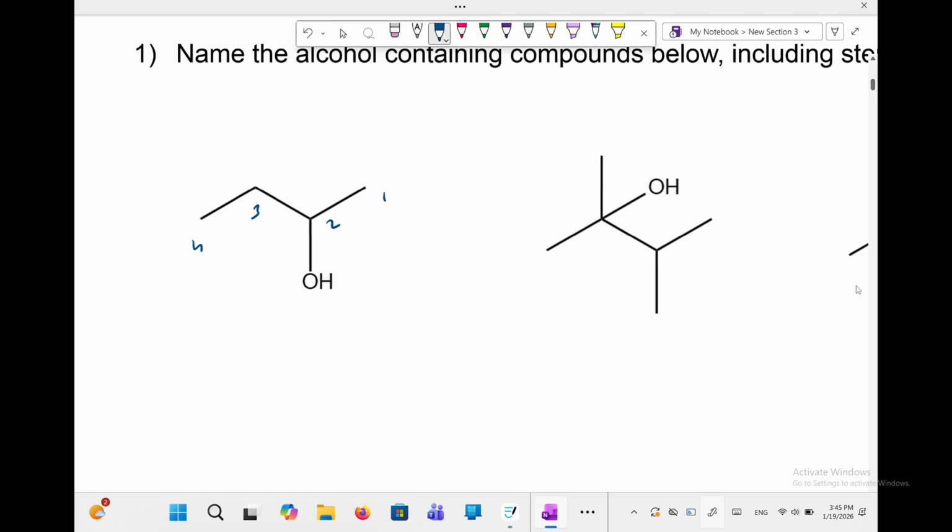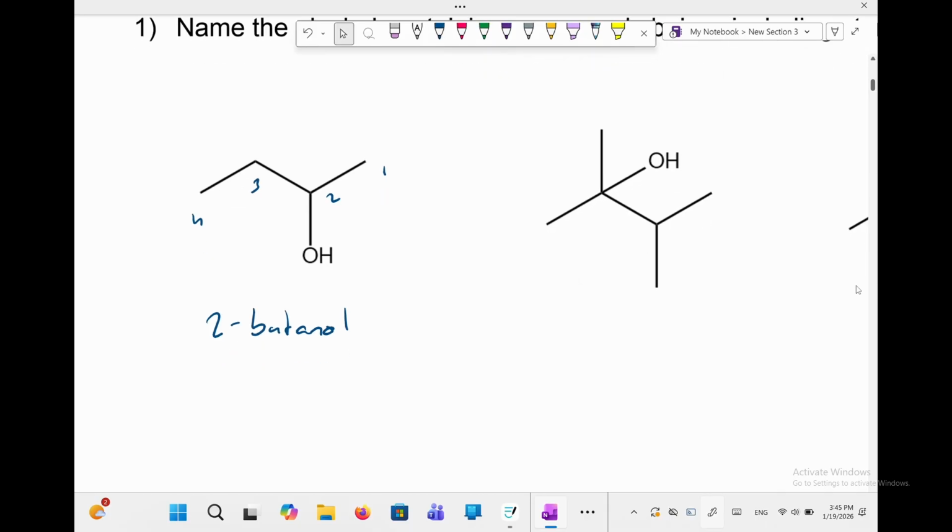Just like with a substituted alkyl halide, you would number it so that the alcohol is on the lowest number. So this is going to be 2-butanol. Sometimes, or more often, you might see butan-2-ol. Either is correct, it's fine.